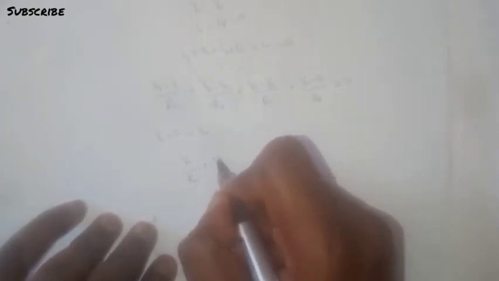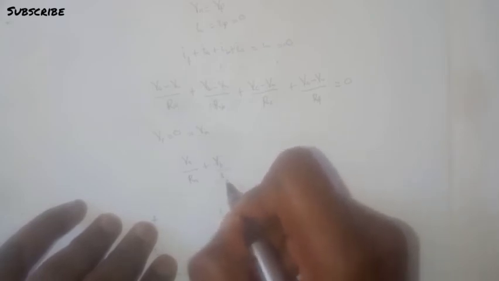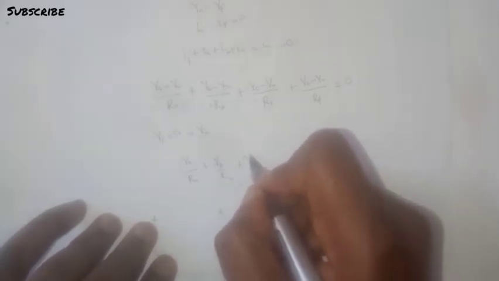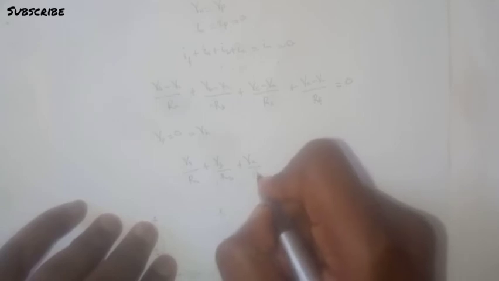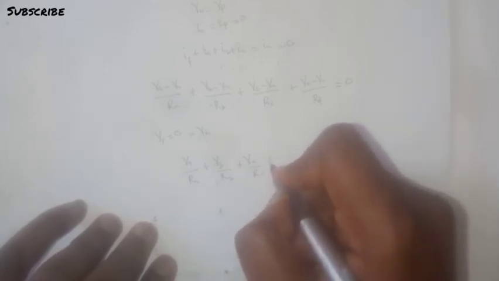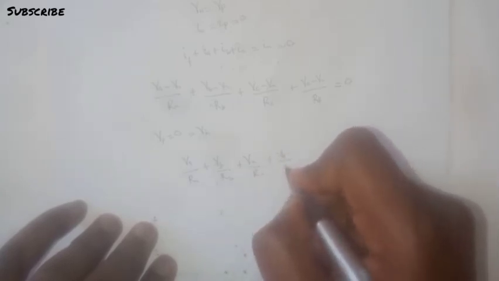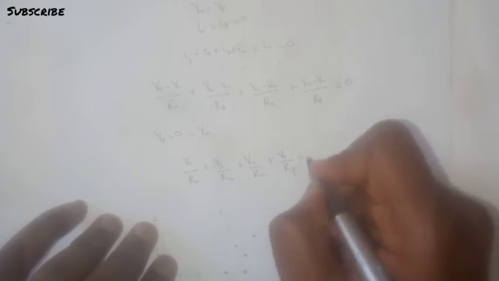In that case, we then have our new equation to be Va over Ra plus Vb over Rb plus Vc over Rc plus V0 over Rf equals 0. That is because Vn across all these places is now 0.